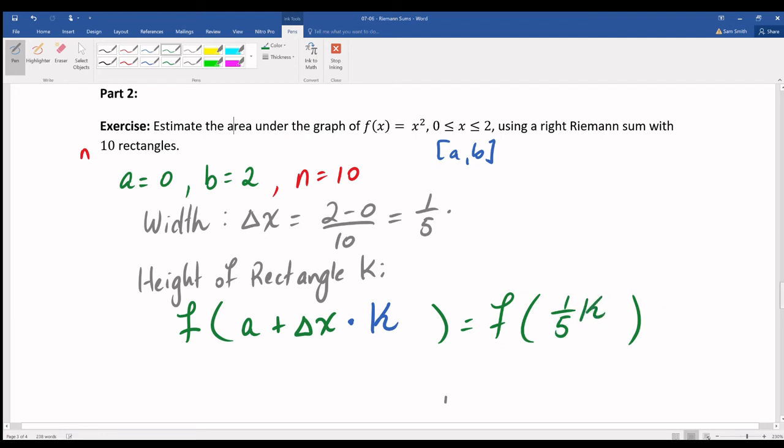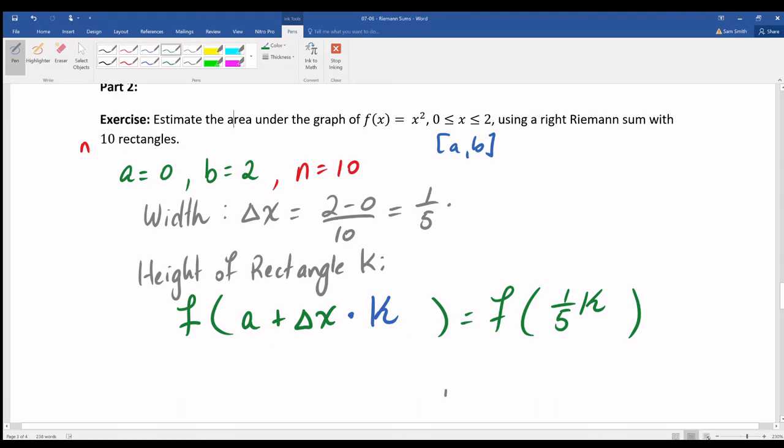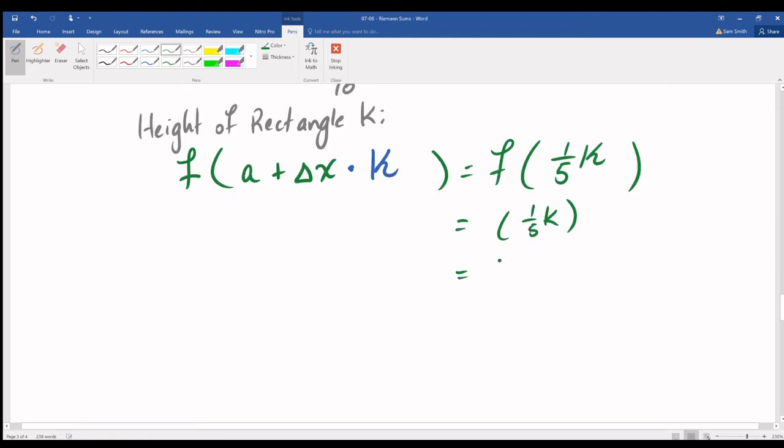And finally, using the fact that our f of x is x squared, we can square 1/5 k and get a height of 1/25 k squared.